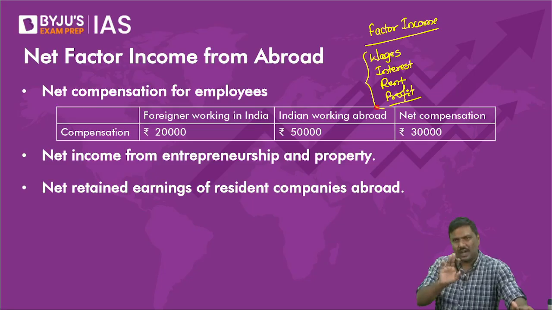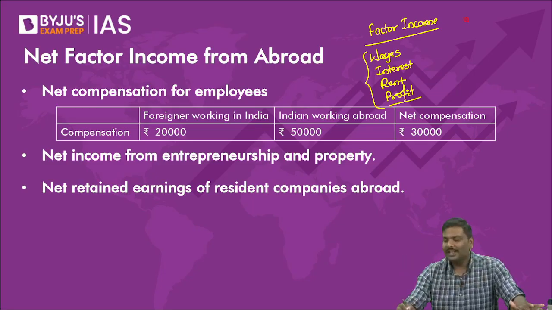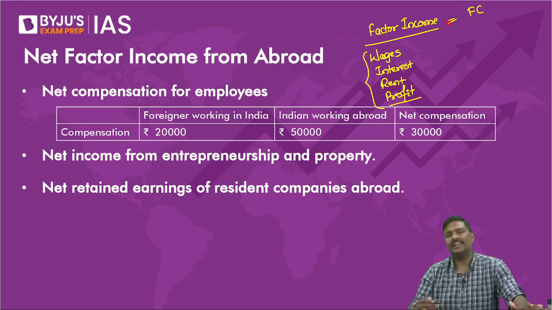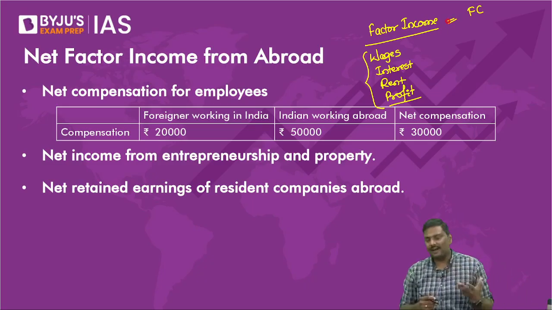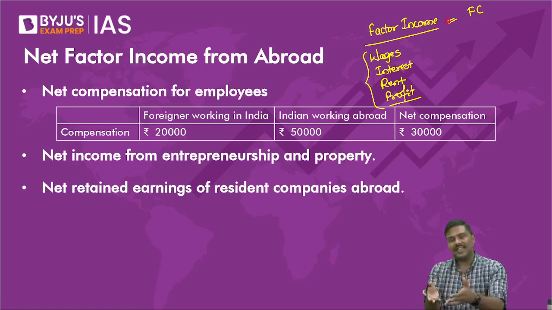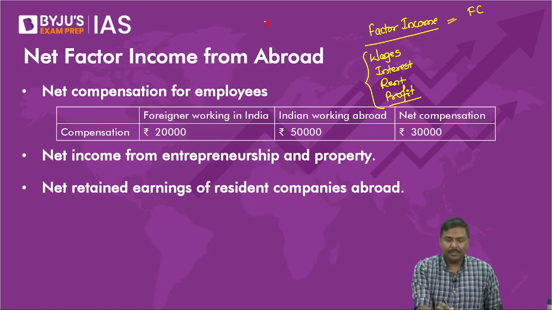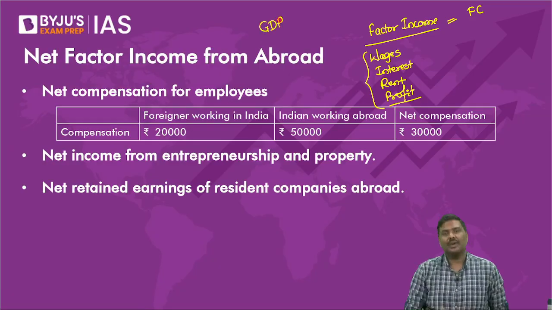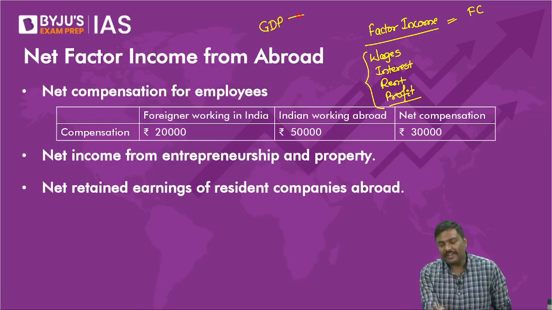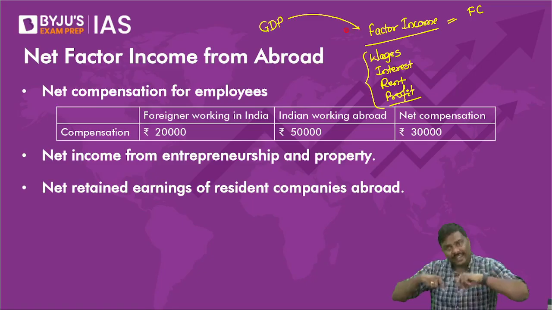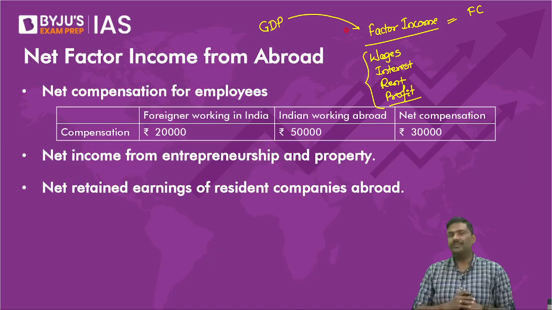Don't be confused now. Can I say factor cost is nothing but factor incomes? Simple idea. We already established it. So the argument is, when I calculated GDP, gross domestic product, all the factor incomes which are generated in India are counted.